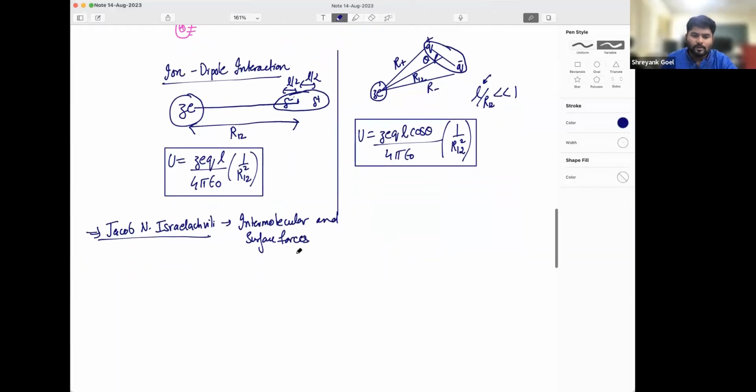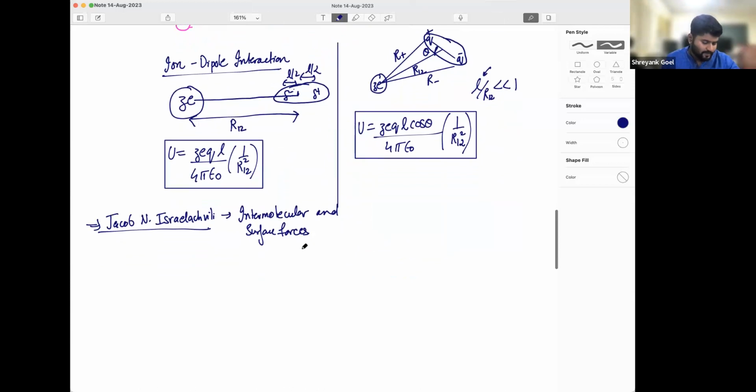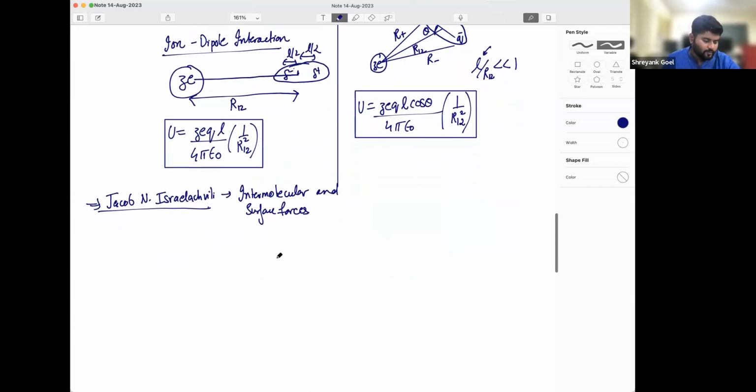Okay. So now, after that, we know we have different kinds of interactions. So we have ion, ion-permanent dipole, or we have permanent dipole, permanent dipole.